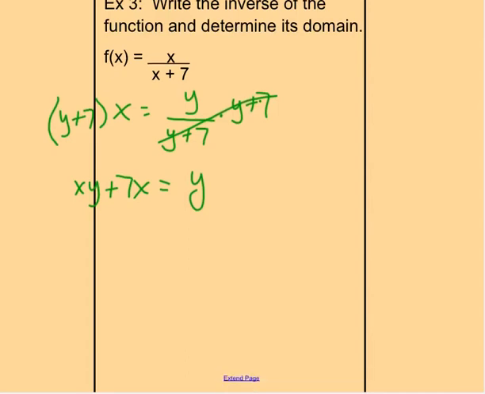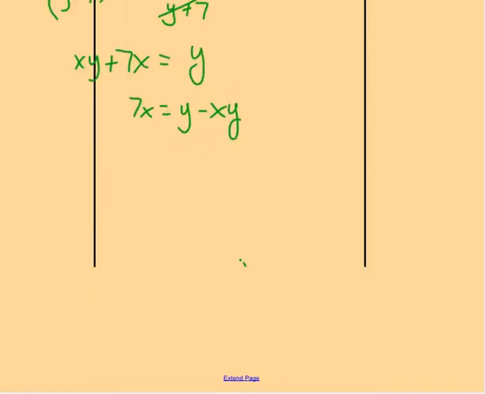That's what we want. Next step, get all terms with a y on one side of the equal sign, everything else on the other side. So the easiest way to do that on this one is to subtract xy from both sides. If you have more than one term with a y, you have to factor the y out. So we're going to do that on the right-hand side.